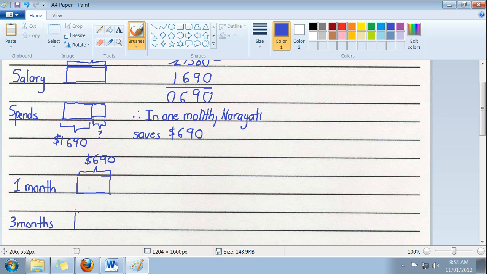If you know that in 1 month she saves 690, all we need to do is draw this 3 times. That means each of these bars represents 1 month. And because we know that she saves 690, each of them is 690.